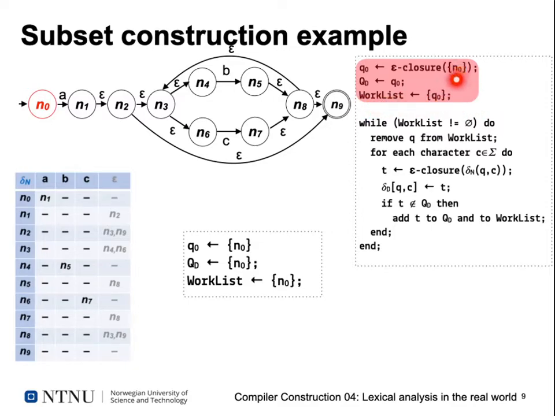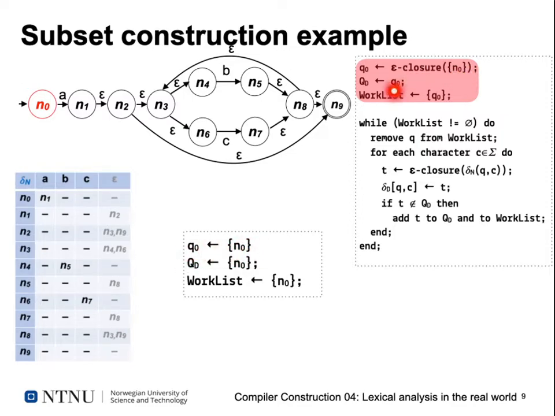So first we take a look at N0 and want to figure out what's the epsilon closure of N0. Now, epsilon closure, as you've seen, means we take a look if there are any epsilon transitions going from N0. No, there's only this one transition, which reads a character A. So the epsilon closure of N0 is just N0 itself here.